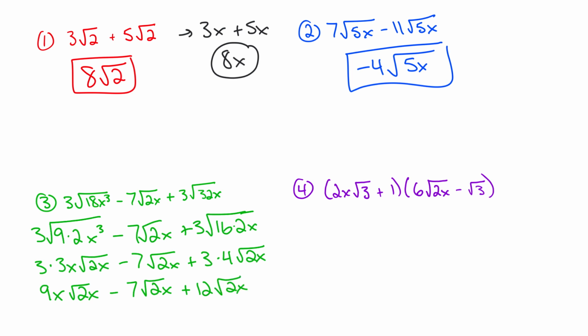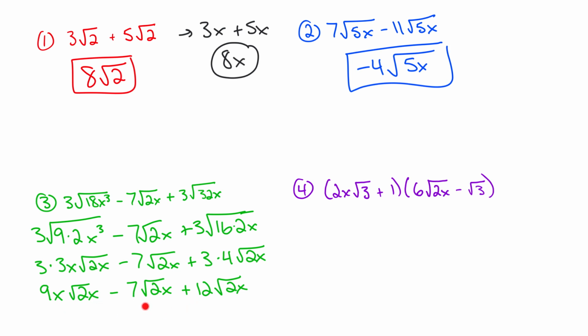Here's the other twist this problem has. Now all of the radicals are the same. They're all square roots. They're all the square root of 2x. However, this is a 9x. This can only combine together with something else that has the x on the outside. Neither of these do.